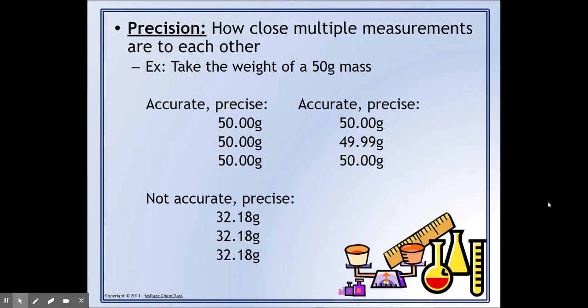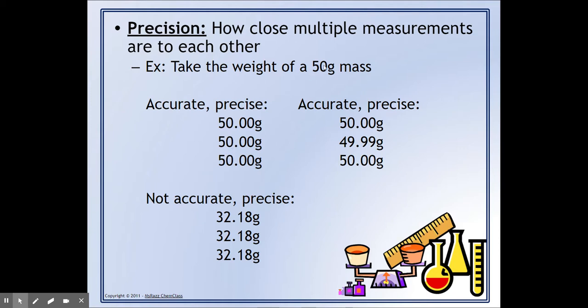Next, precision, how close multiple measurements are to each other. Example, take the weight of a 50-gram mass again. In our first group right here, it is both accurate and precise. There are three measurements of 50 grams, so 50 is close to 50, and all three measurements are the same.